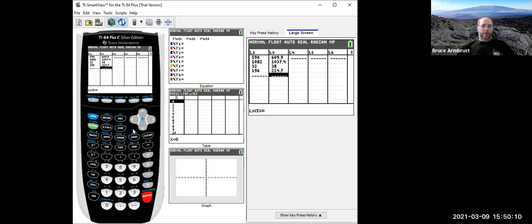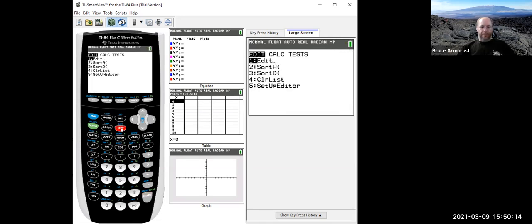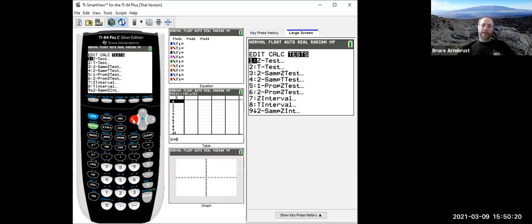All right. So now that we have that, let's go to stat. And we're going to arrow over to tests, because that's where the chi-square goodness of fit is. And arrow up here to chi-squared goodness of fit.